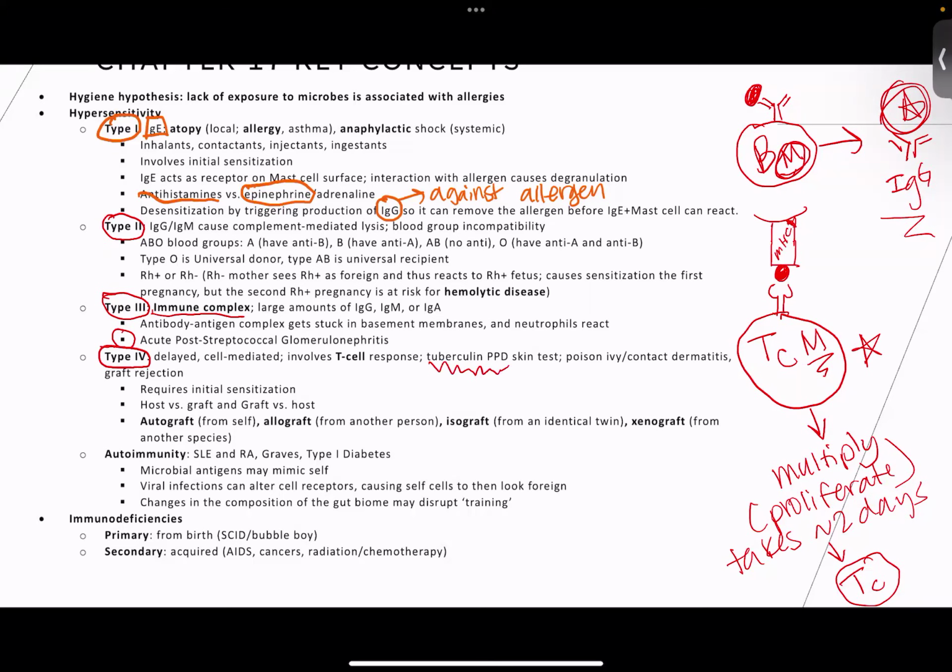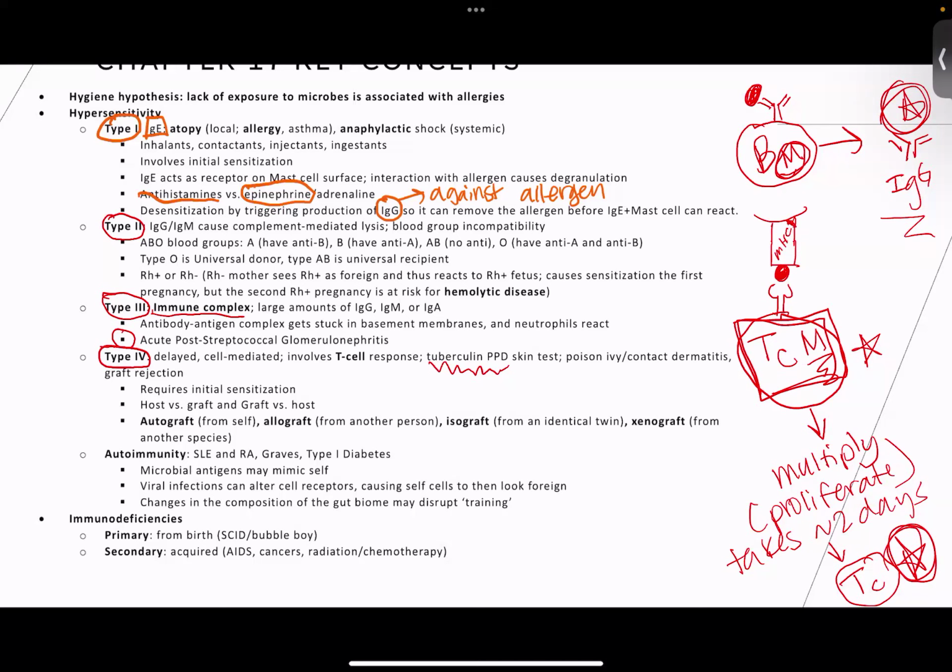In the tuberculin PPD skin test, we are injecting a little bit of tuberculin antigen into your skin. If you have cytotoxic T cell memory to tuberculin, a couple days later, after getting that small injection, you will have swelling and an inflammatory response. Takes a couple days, right?